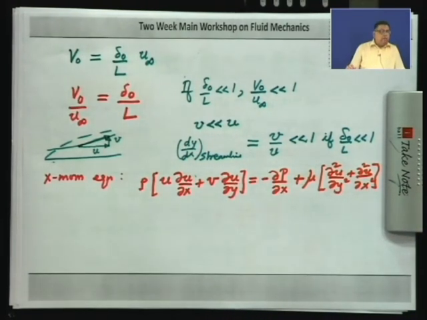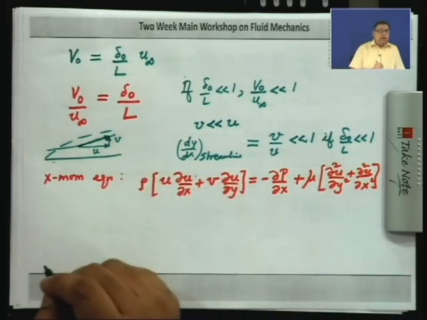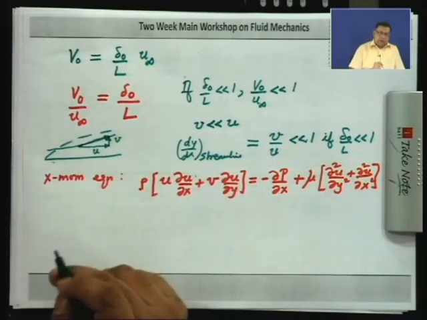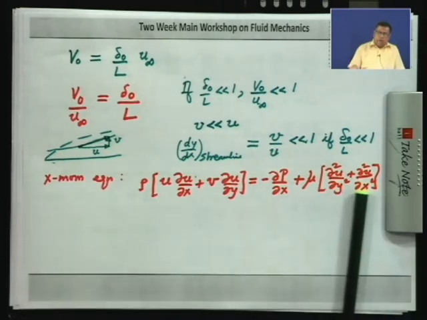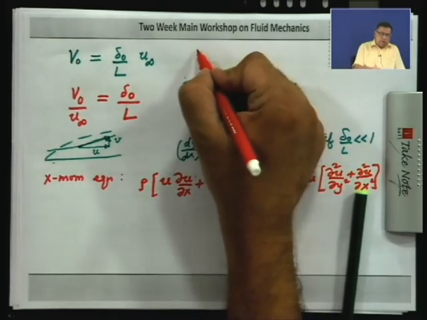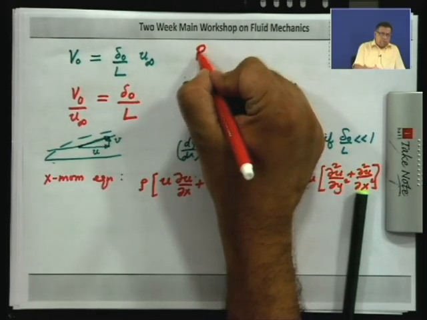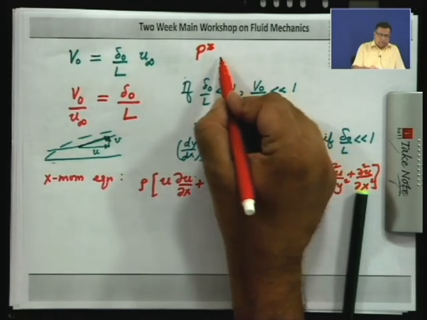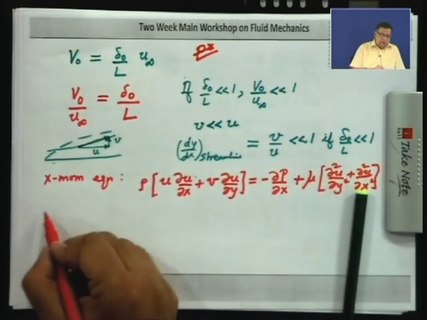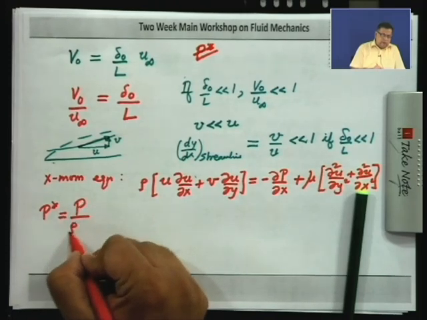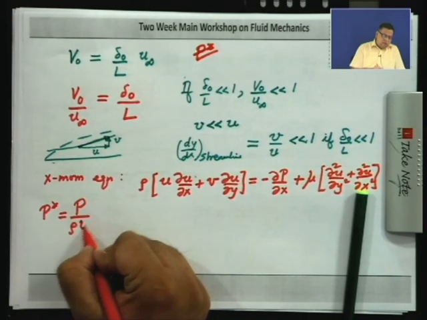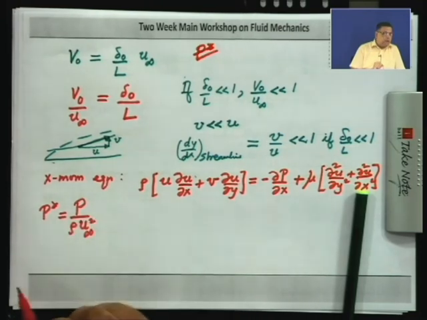Now, we have not yet talked about the pressure scale. From Bernoulli's equation you have seen that p has the units of rho v squared. So, for the time being we will define a non-dimensional pressure, which we will call P star, to be p by rho u infinity squared.